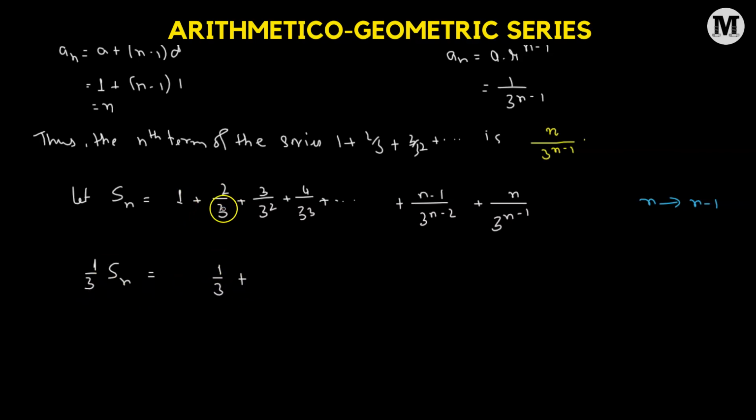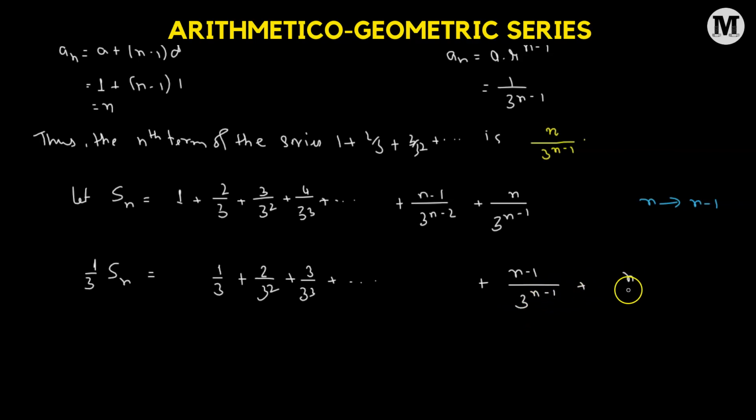Added to 2 over 3 multiplied by 1 over 3, that's going to give us 2 over 3 squared. Added to 3 over 3 squared multiplied by 1 over 3, that will be 3 over 3 cubed. And this is going to continue all the way up to the second last term. So we have n minus 1 divided by 3 raised to the power of n minus 2, but we are multiplying it by 1 over 3, so that's going to make it 3 raised to the power of n minus 1.